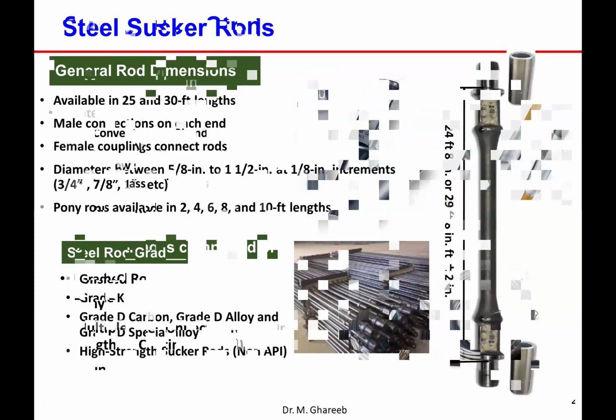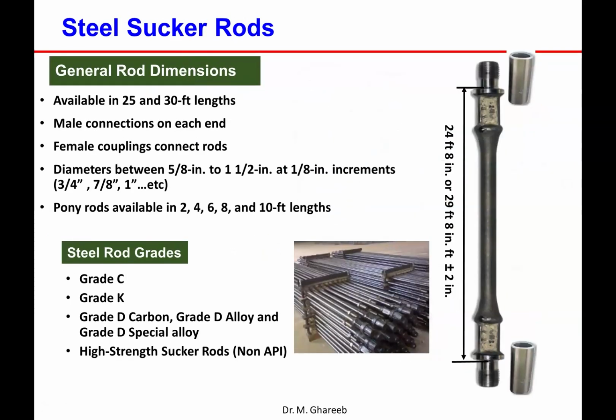As a general API dimension, as I said, 25 or 30 feet lengths are available. All the rods are male-to-male connections like this, plus we have the coupling to connect the rods to each other, which is a female-to-female connection. Usually the rod string size starts from 5/8 inches with increments of 1/8 inch until it reaches 1.5 inches.